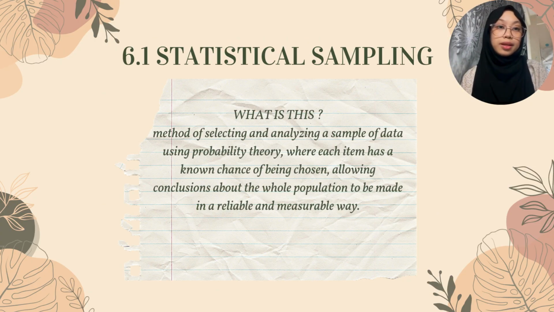Next, I will explain about statistical sampling. What is statistical sampling? Statistical sampling is a method of selecting and analyzing a sample of data using probability theory, where each item has a known chance of being chosen, allowing conclusions about the whole population to be made in a reliable and measurable way.